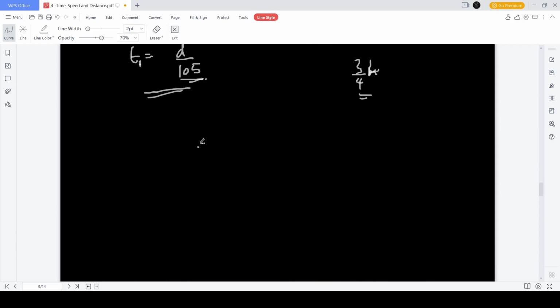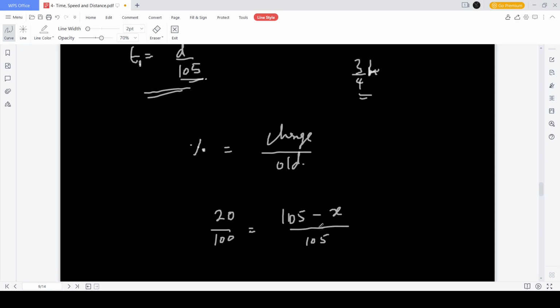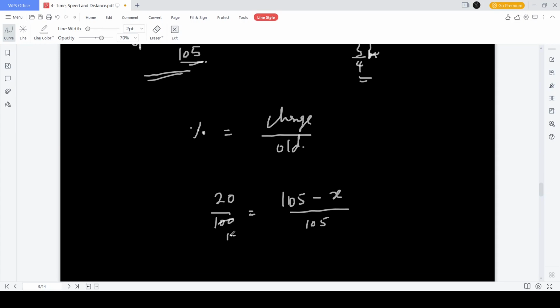If 20% is the decrease in speed, we know the percentage is change divided by old speed. This is the change. So 20 by 100 is equal to change, that is nothing but the decrease. So it is 105 kilometer minus the new speed, divided by 105. So this can cancel: 21 times and 20 times, and then we get 20 by 20 is 1.